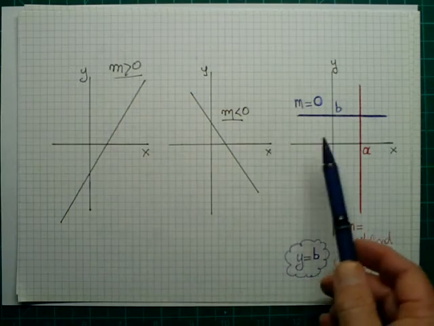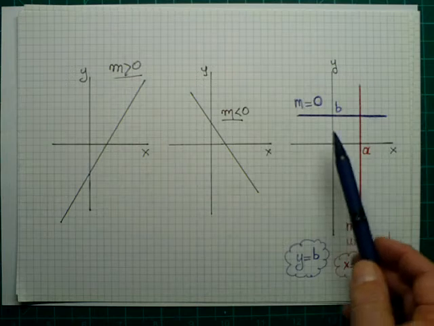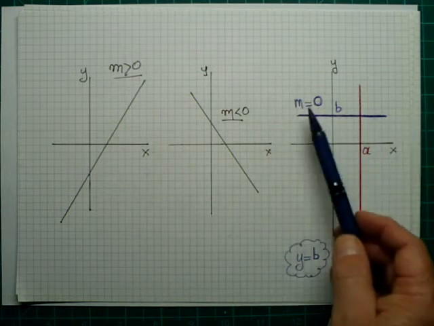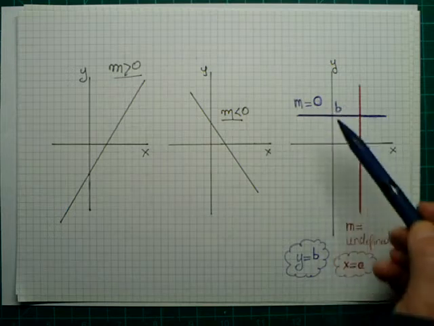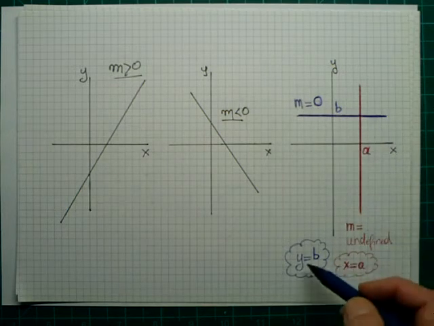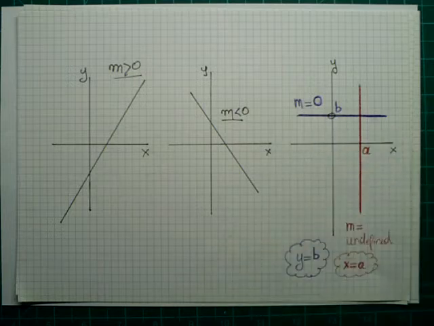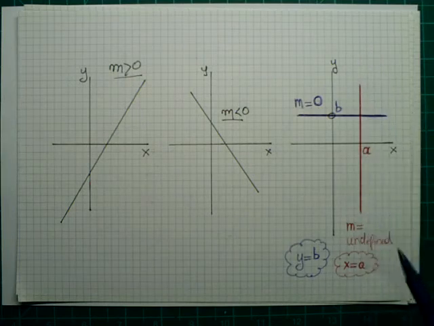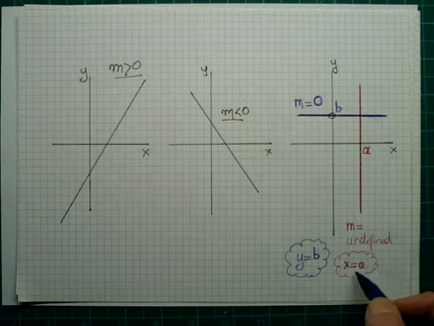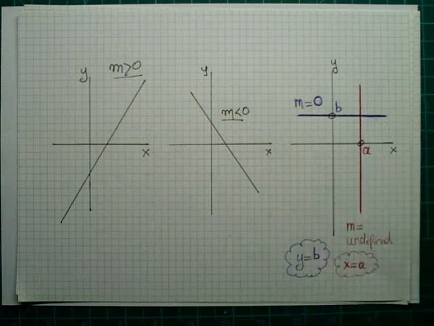And if our line is horizontal, then its slope is 0, and the equation of our line is y equals b. This is the intersection point. And if our line is vertical, then its slope is undefined, and its equation is x equals a. a is the intersection point here.